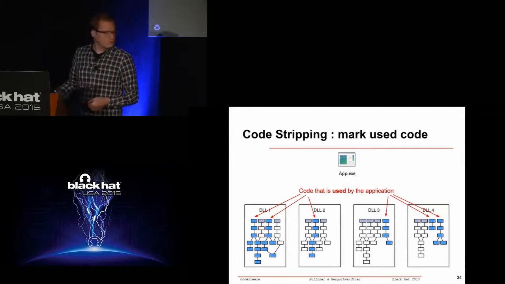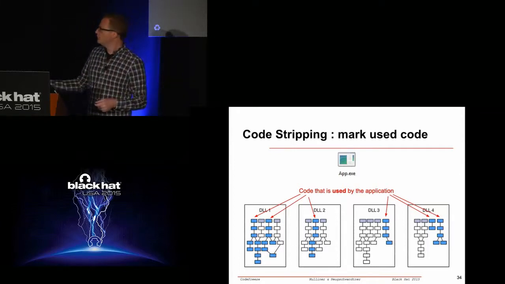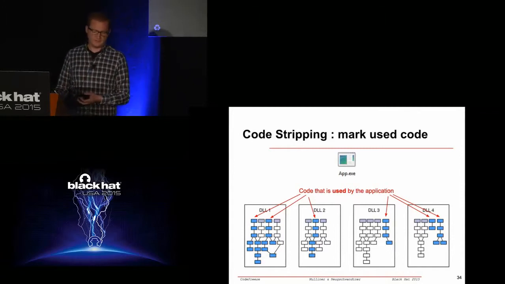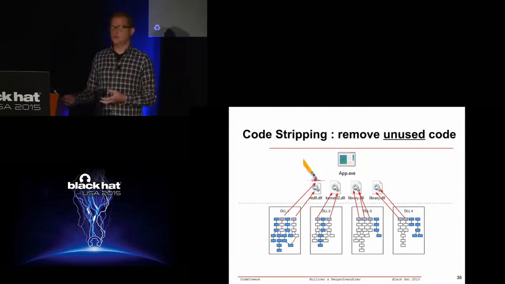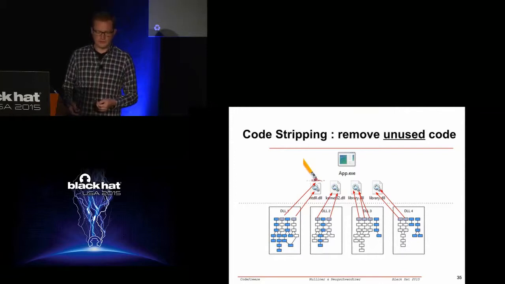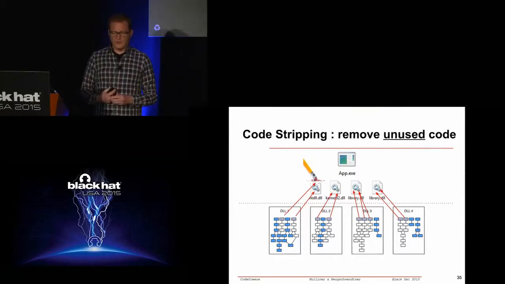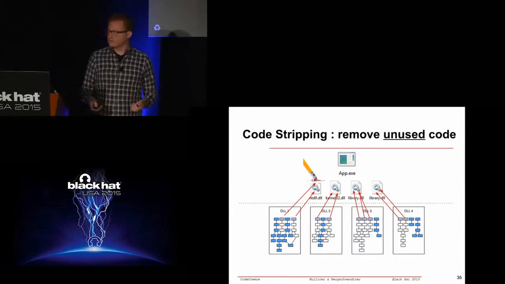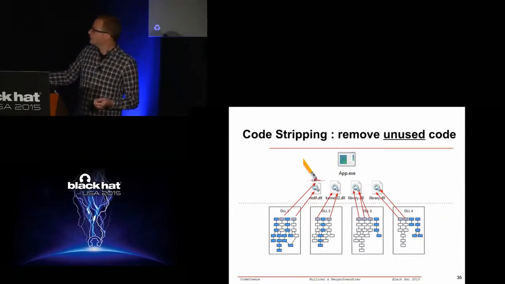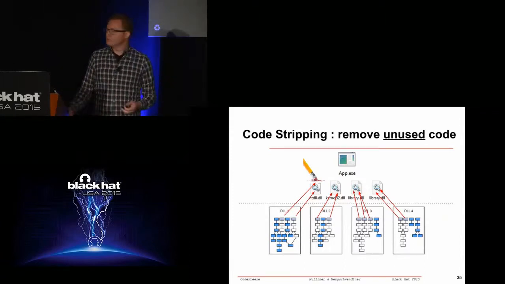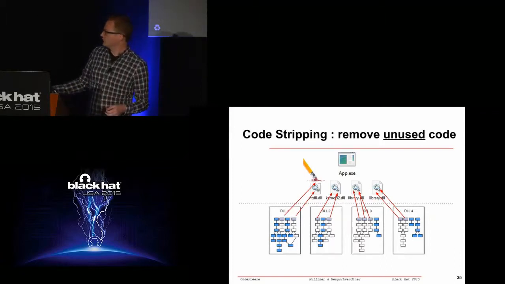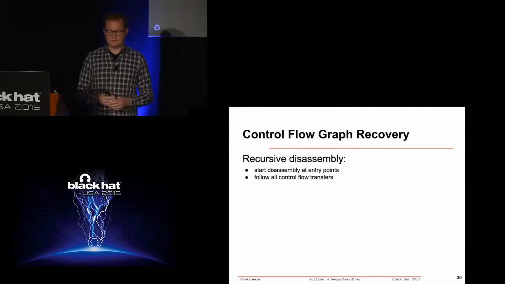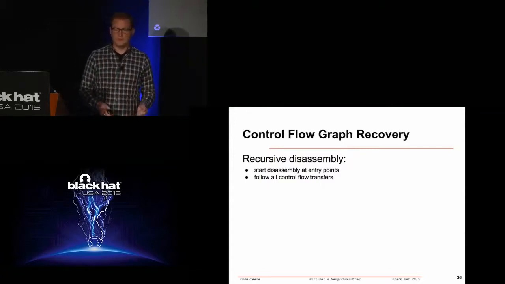All those blue nodes represent code parts of a DLL that are actually used by this specific application. And since we now know what is used, we also know what is not used, like everything that's still white and gray. With this information we can go to the library code in memory and start removing that unused code.